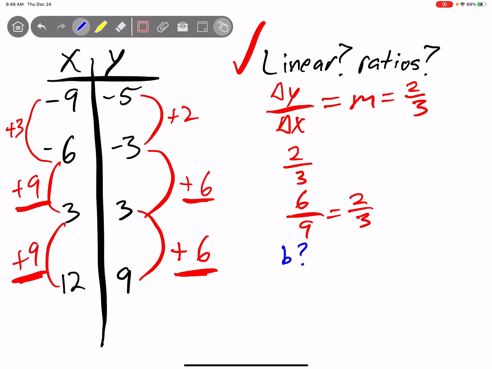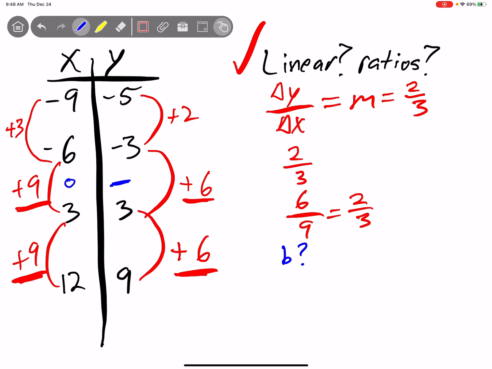So when we want to find b, we need to do one of two things. One is, well, the 0 would be somewhere in here. Figure out what this other value is.